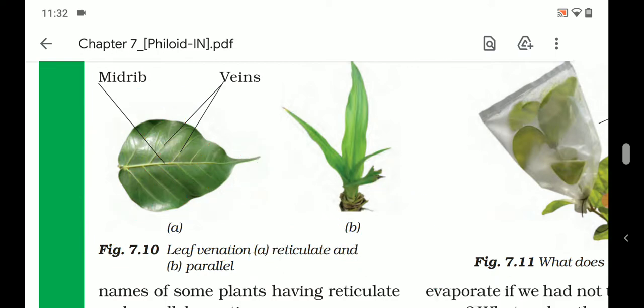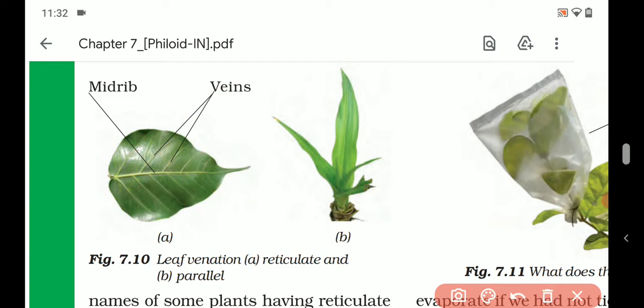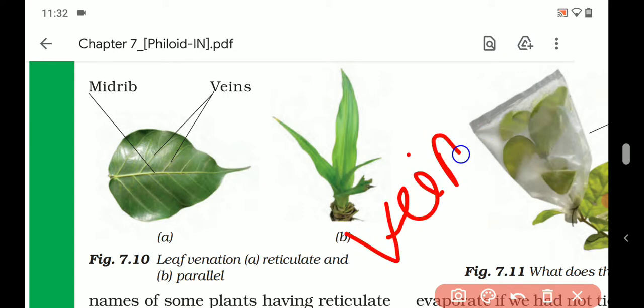And in another diagram you can see that it is straight and the veins of this leaf are parallel to each other. That's why this leaf is called parallel veins. This is reticulate.